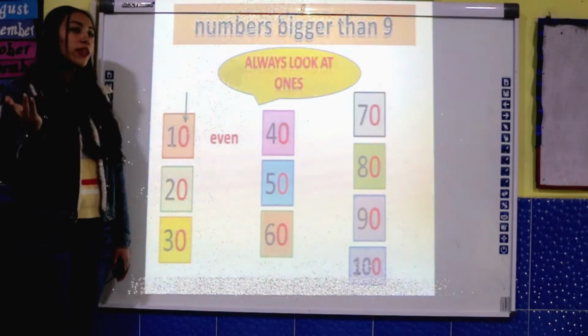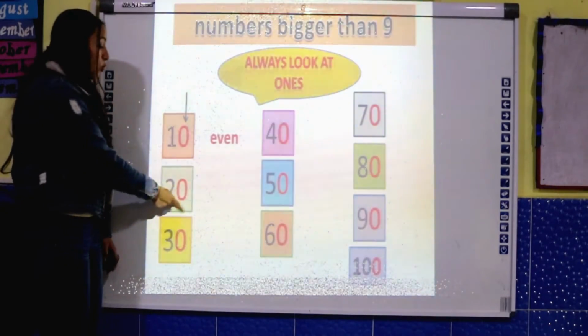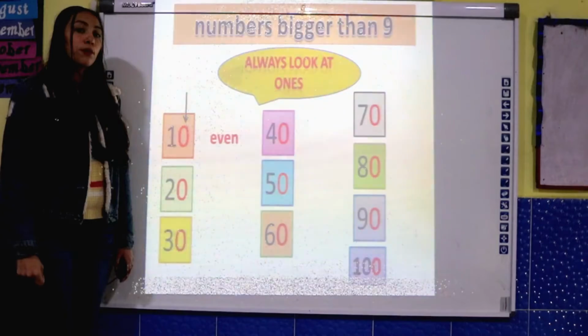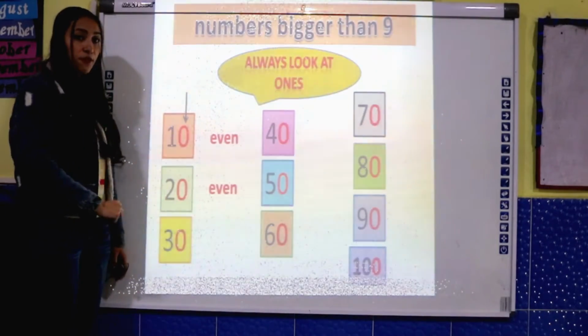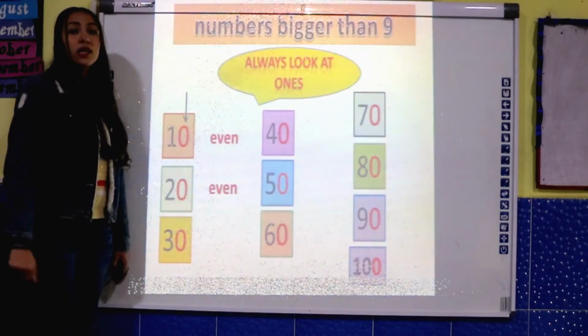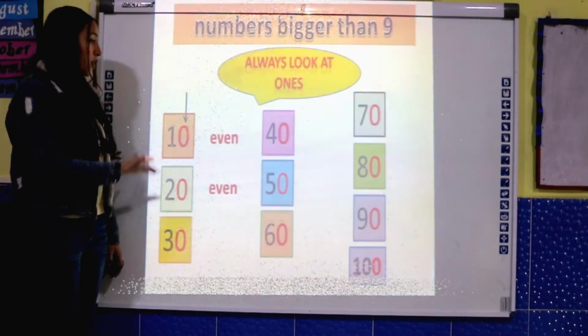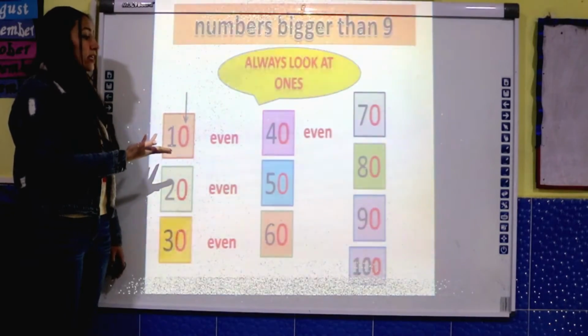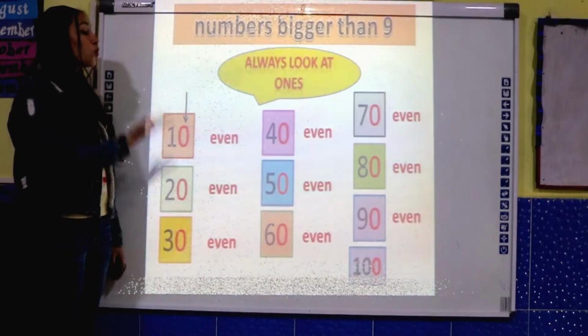And is 0 an odd number or an even number? Even number. So, is 20 an odd number or an even number? Of course, even number, because the number in ones is even, so all the number will be even. And so on: 30, 40, 50, 60, 70, 80, 90, and 100.